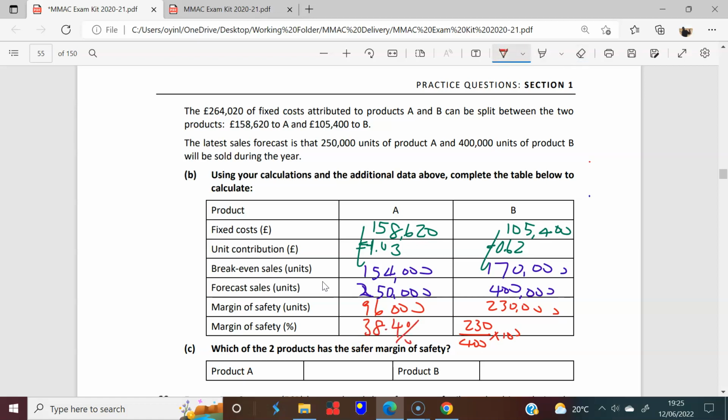And here we have 230 divided by 400 times 100, which is 57.5%.